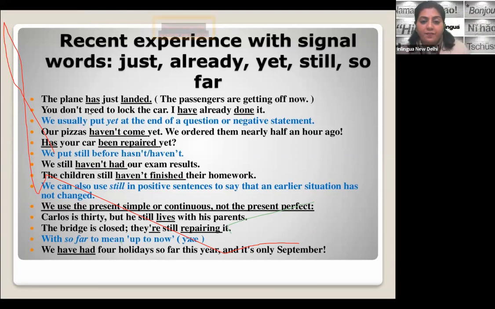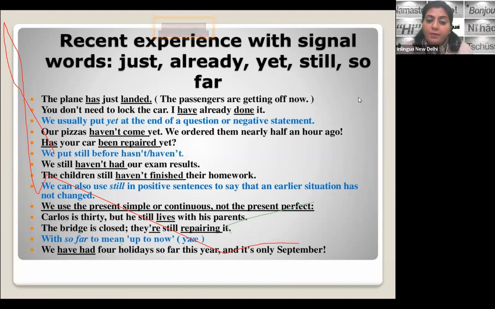Let's look at yet first. We use the word yet for a negative or a question. Our pizzas haven't come yet, meaning not till now. If you notice, this is a negative sentence. Our pizzas have not come till now or haven't come yet. We ordered them half an hour ago. In a question format, how can you use the word yet?